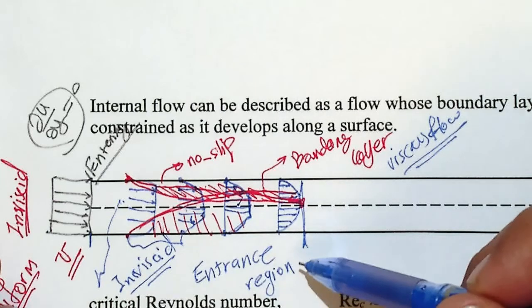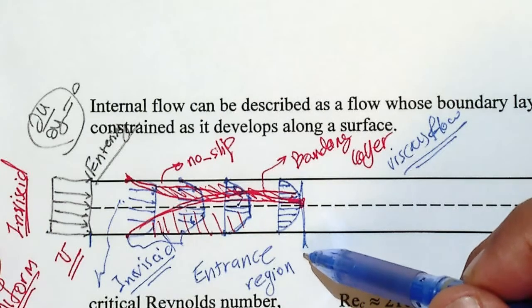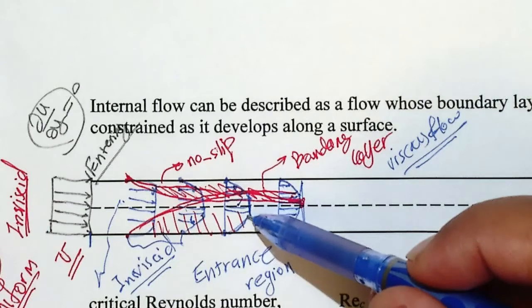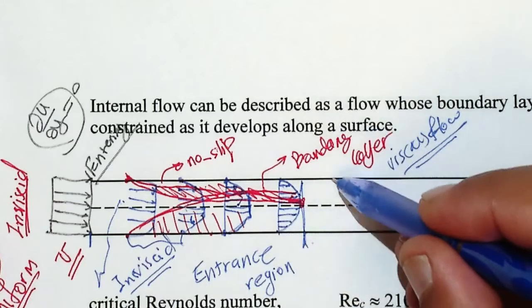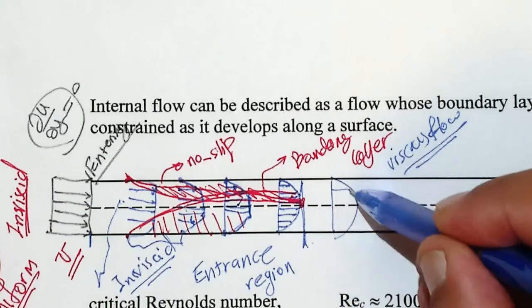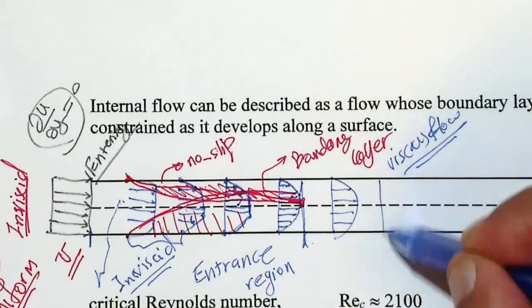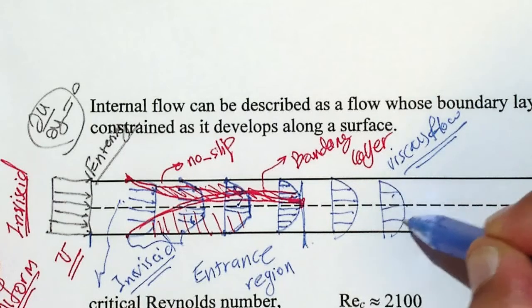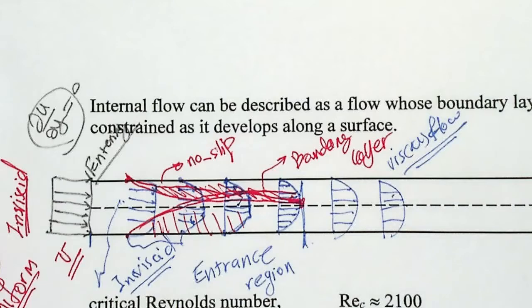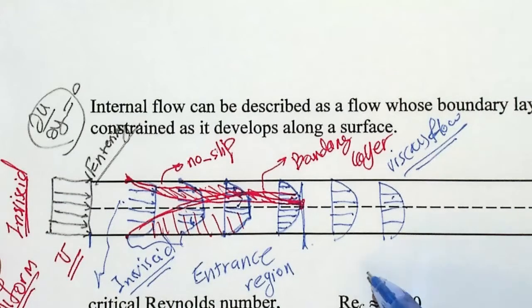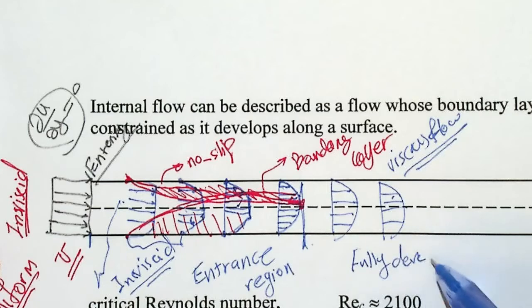Okay, why do we need to understand the entrance region? Because the flow after the entrance region keeps its parabolic shape as much as it goes forward, right? So after that it is fully developed. What is fully developed?